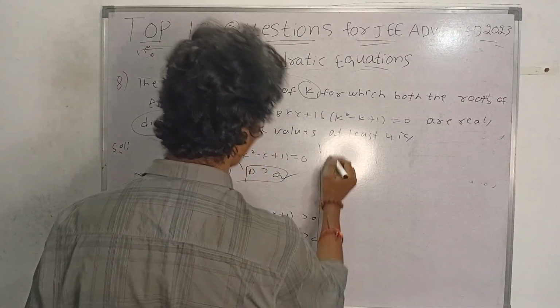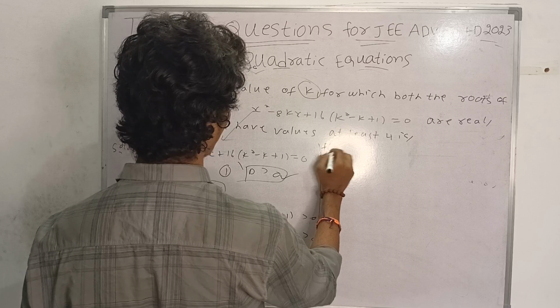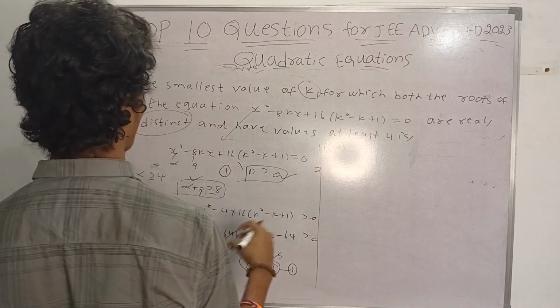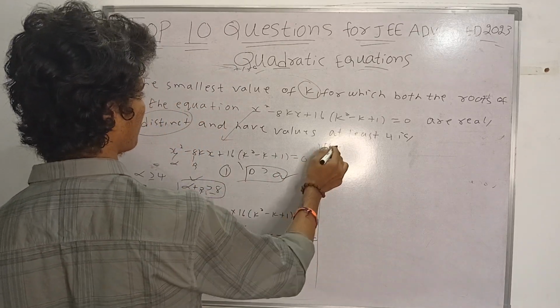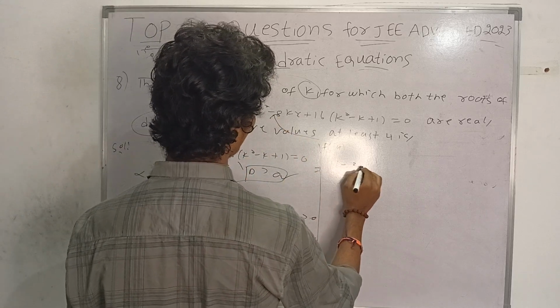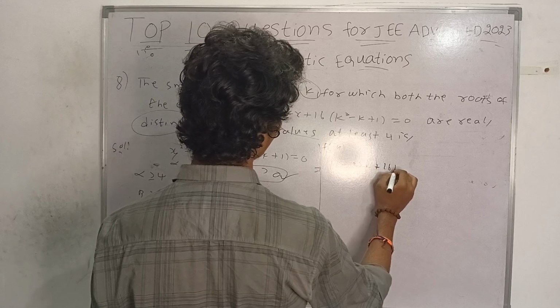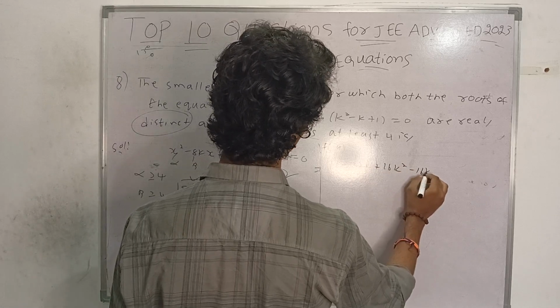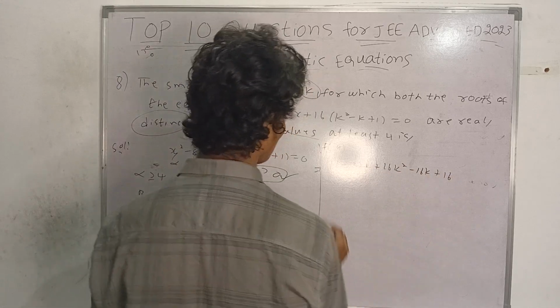Now we are checking what is the value of f of 4. Suppose I am simply applying the value of 4 here. We got 16 minus 32k plus 16k square minus 16k plus 16.